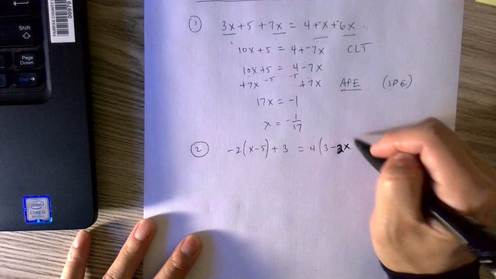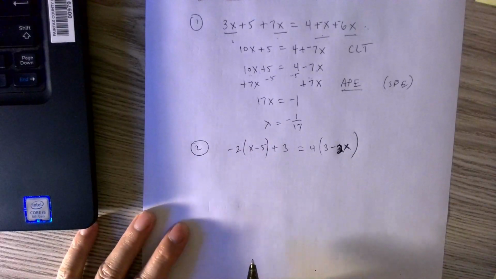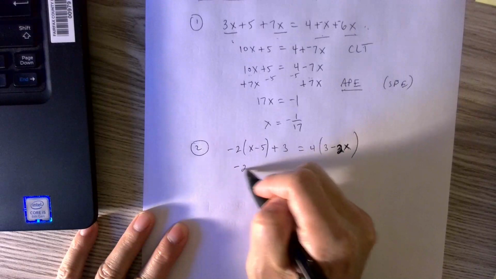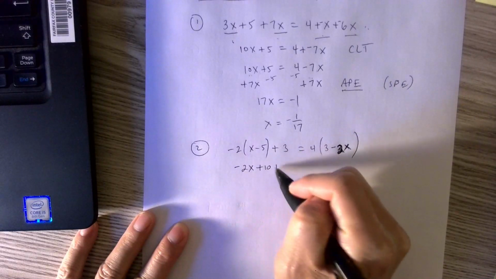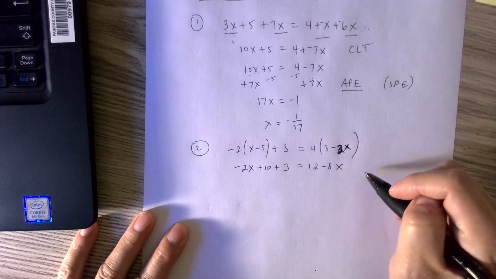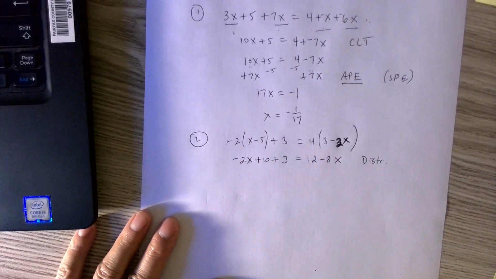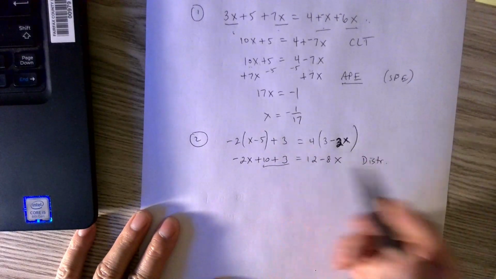That's a 2. Okay, so now, since I have parentheses, I have to take care of the parentheses before I combine like terms. So I use distributive property to do that. And I'm going to go ahead and add the 10 and the 3.